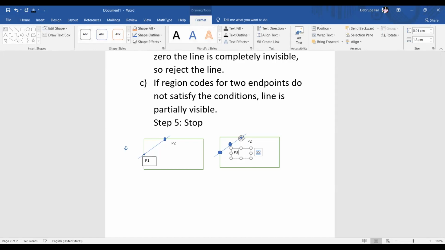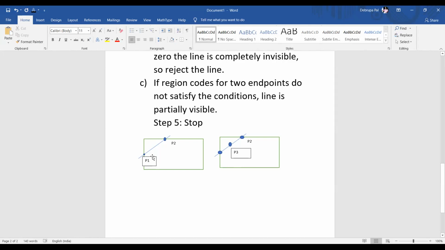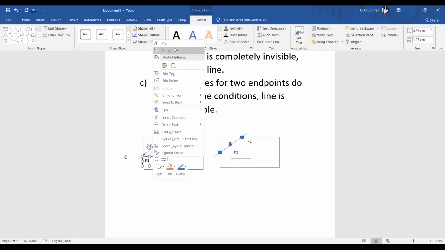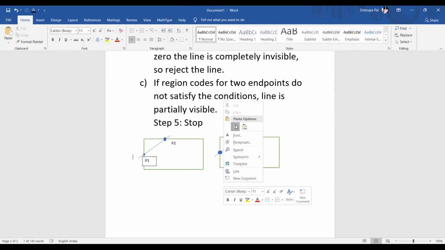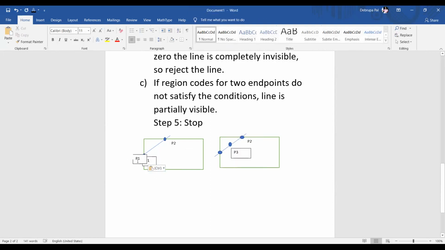Why is it called P3? Because equal subdivisions are made. So P1 P2 is divided again into P1 P3 and then P3 P2. So both the line segments are tested for visibility, P1 to P3 and then P3 to P2. Again, they are subdivided into two equal parts. So it is observed that unless a region becomes completely invisible, it is not rejected.